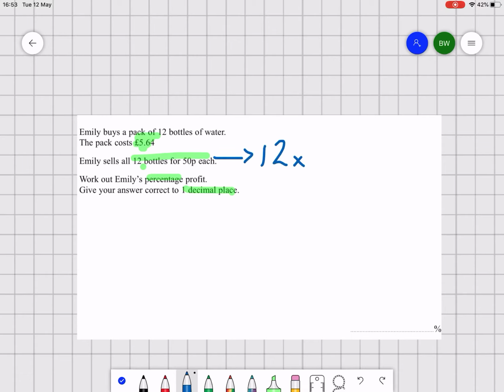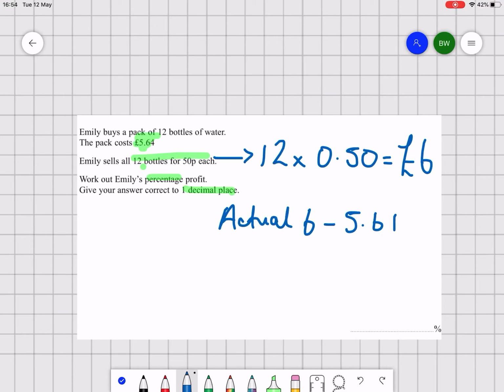So I've got 12 times 50p, and I'm going to do it like that because then my answer's in pounds. So 12 times 50p gets me £6. If the pack costs £5.64, the actual profit would be £6 minus £5.64, which is 36 pence, or £0.36.